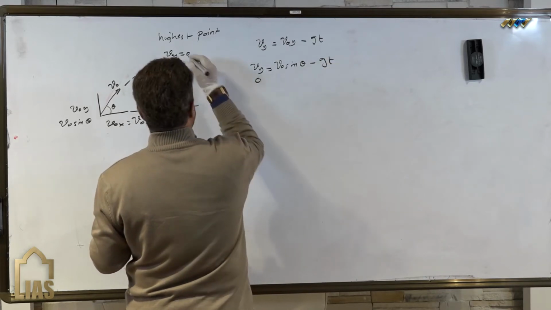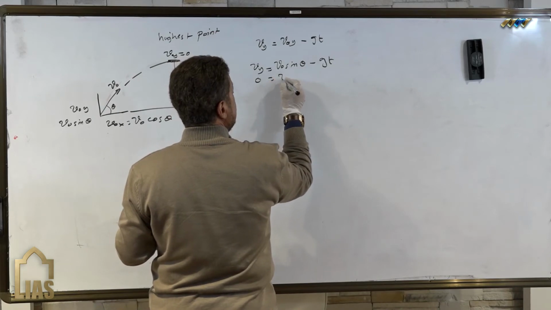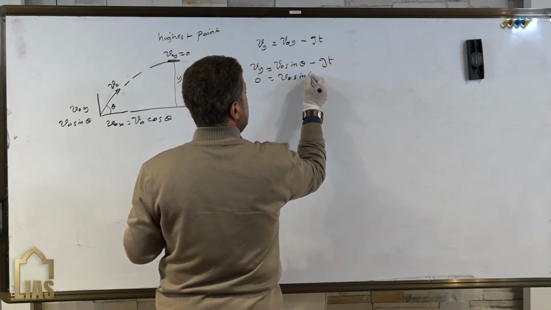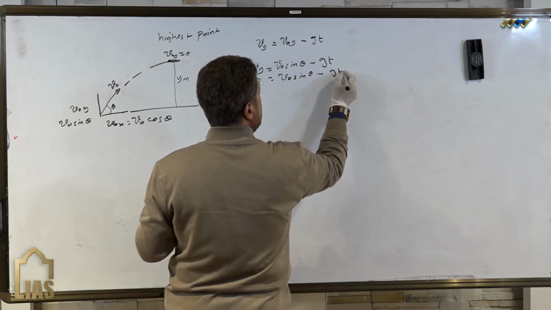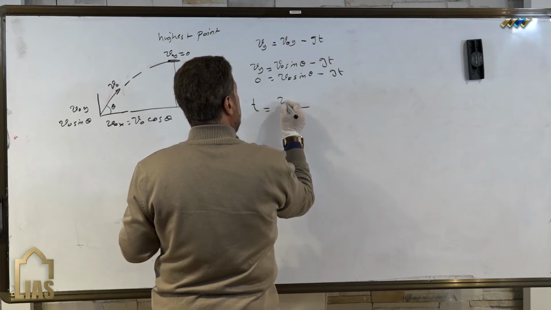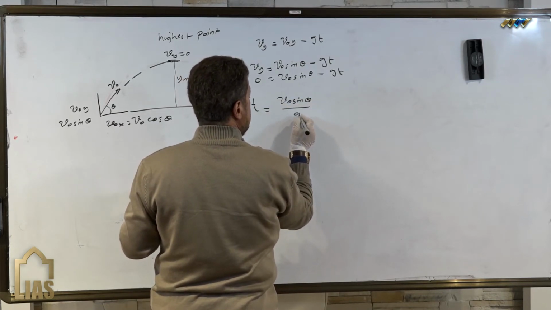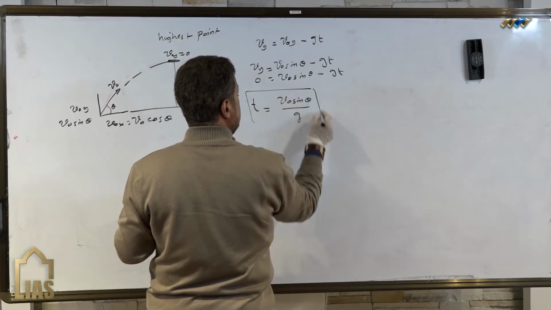We say this is 0, and then v0 sine theta minus gt is 0, and t in this case is equal to v0 sine theta over g. Okay?